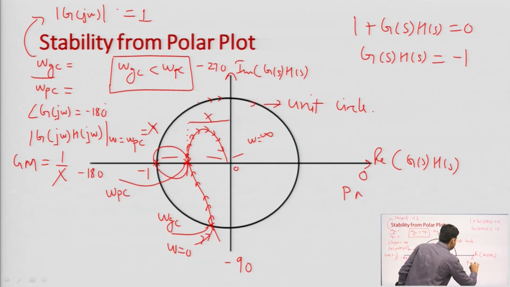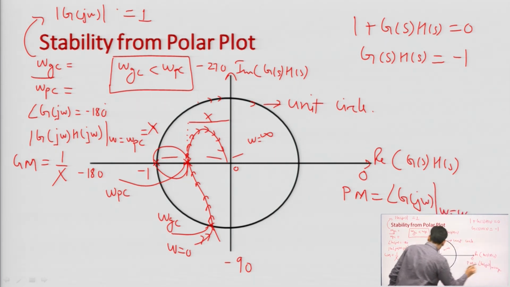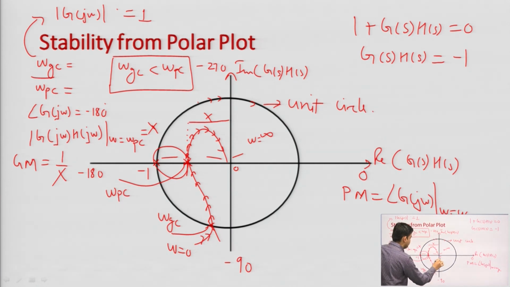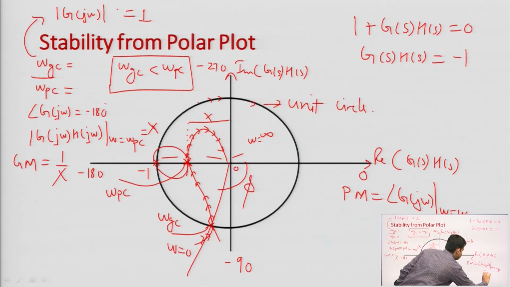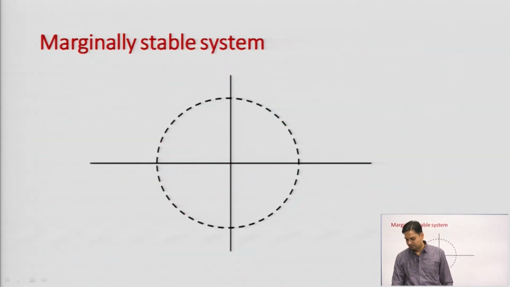Phase margin is calculated from the phase angle of G(j omega) at omega equal to omega GC. Omega GC is here. I need to measure this angle, a straight line, this angle is phi. When I calculate this angle phi, the phase margin is given by 180 plus phi. In this way we can calculate phase margin and gain margin from the polar plot.